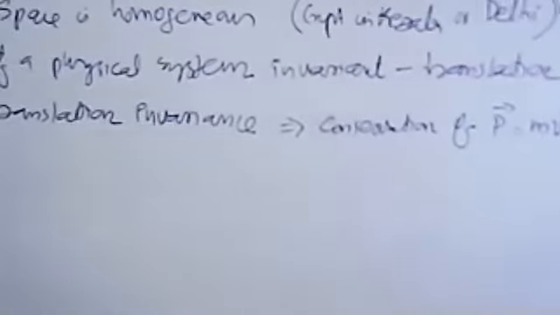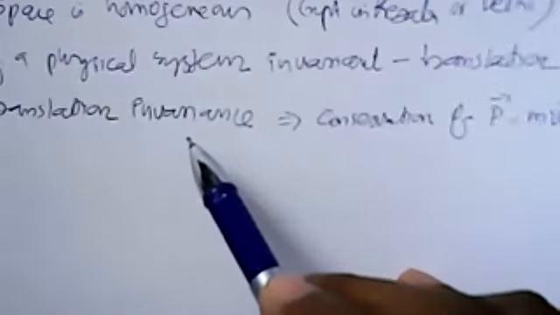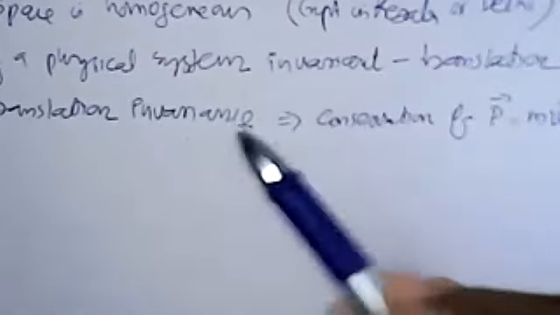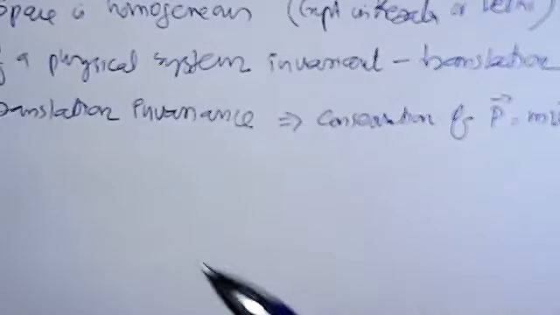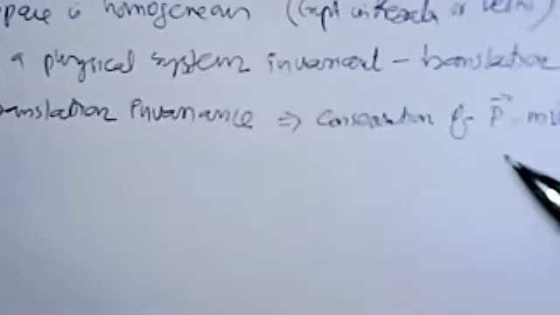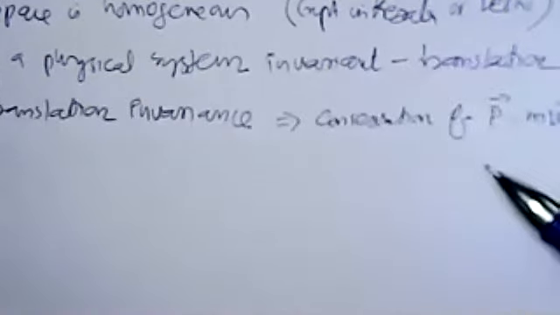Under translation of the system over space, the Hamiltonian remains invariant, and that leads to conservation of linear momentum. The fundamental reason for this is the homogeneity of space.